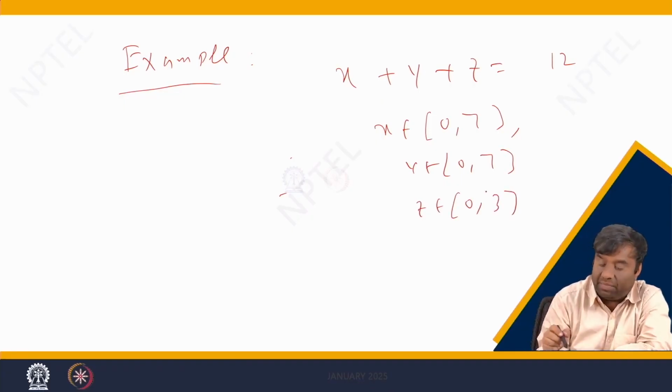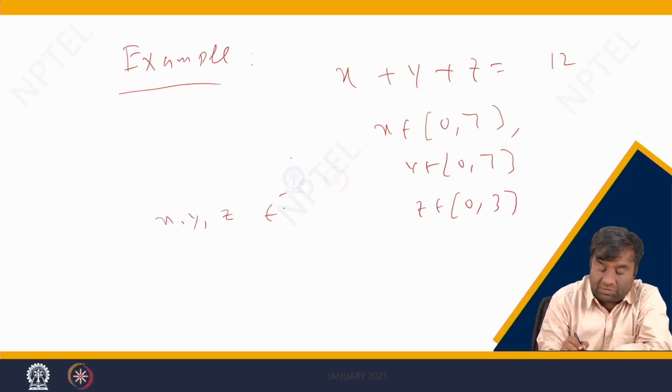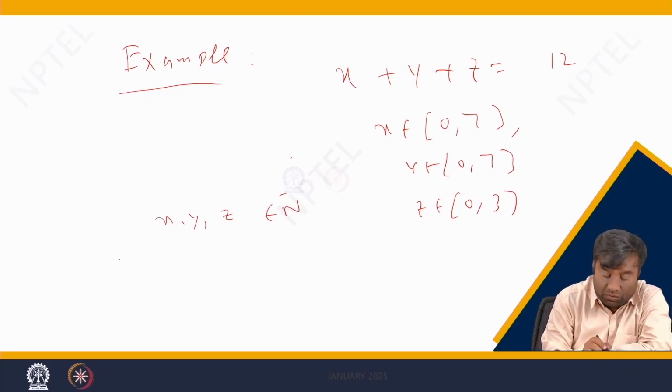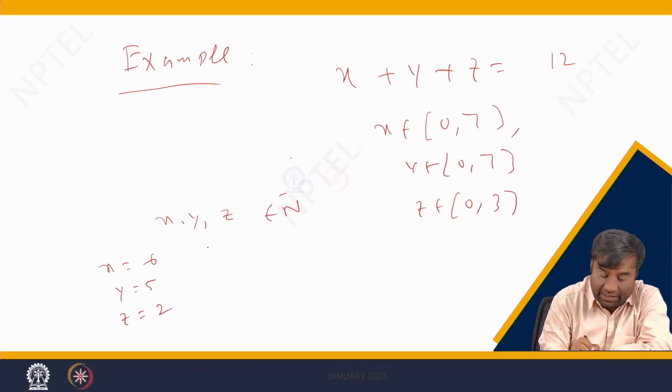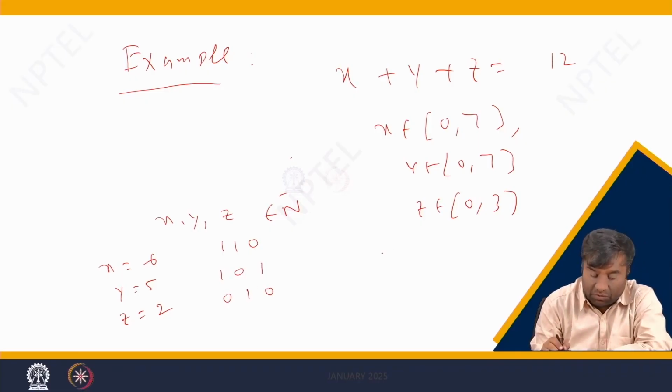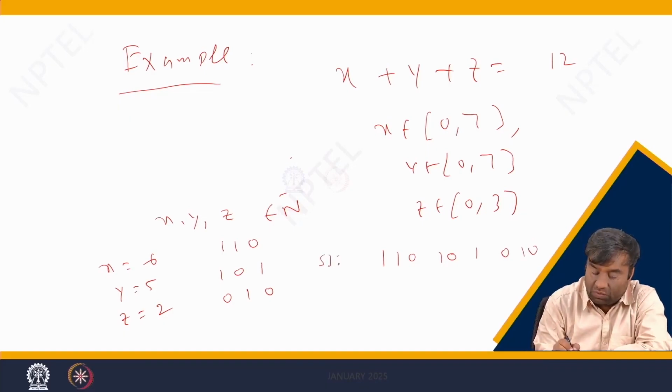We can deal with real numbers, but right now we are assuming x, y, z belong to the natural numbers. So assume x equal to 6, y equal to 5, z equal to 2. Here the binary encoding can be written as 1 1 0, 1 0 1, 0 1 0. So one chromosome is 1 1 0 1 0 1 0 1 0. You can check that this is solution 1.